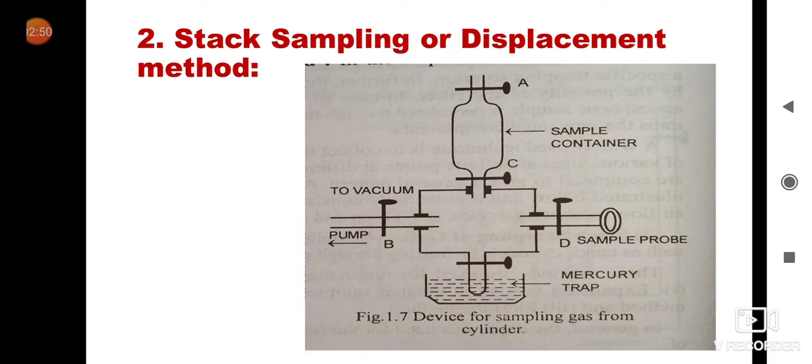So again we are going to use the same apparatus that we saw in the previous method, the device for sampling gas from a cylinder. What is this stack sampling or displacement method?